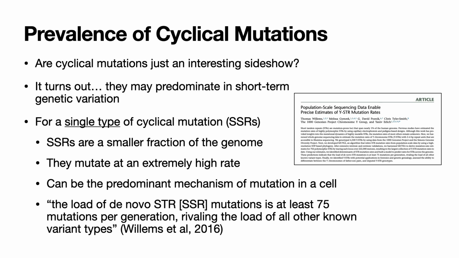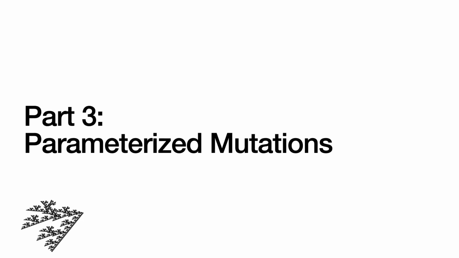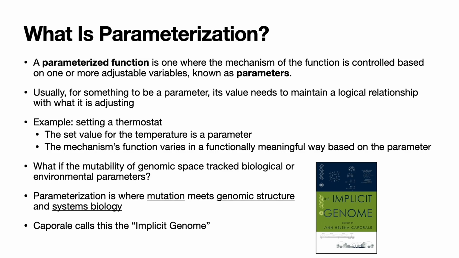All right, so now I want to talk about another aspect of cyclical mutations called parameterized mutations. So what is parameterization? A parameterized function is one where the mechanism of the function is controlled based on one or more adjustable variables known as parameters.